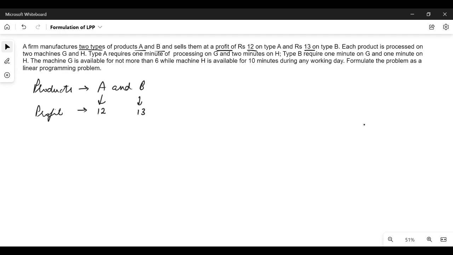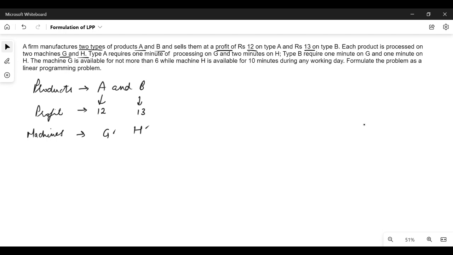And each product is processed on two machines. We have two machines, that is G and H. Type A requires 1 minute of processing on G and 2 minutes on H, while type B requires 1 minute on G and 2 minutes on H. The machine G is available for not more than 6 while H is available for 10 minutes during any working day. Formulate the problem as a linear programming problem.